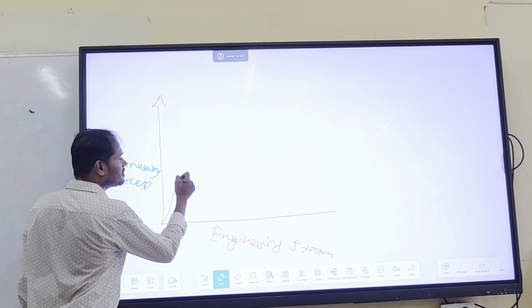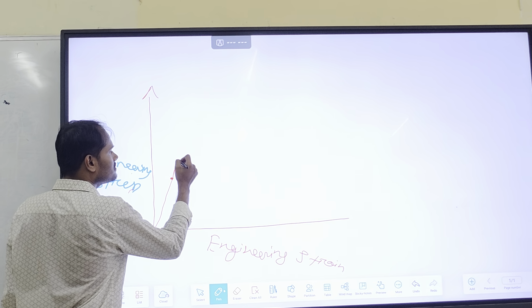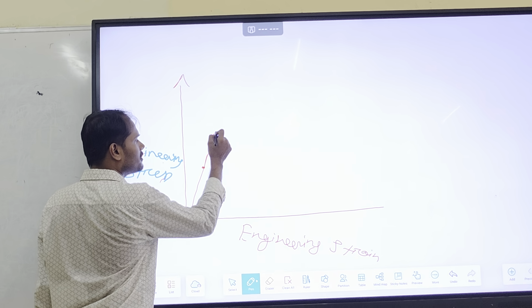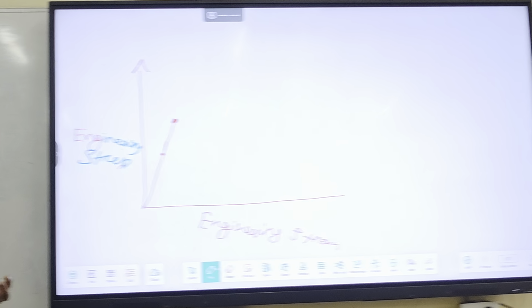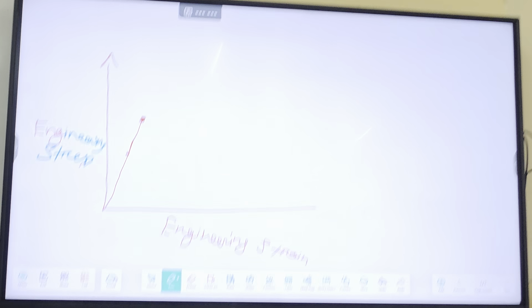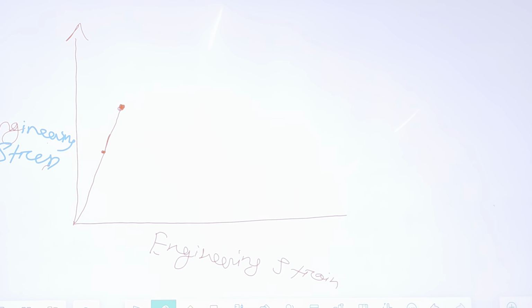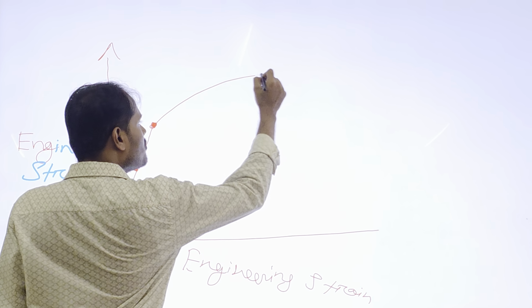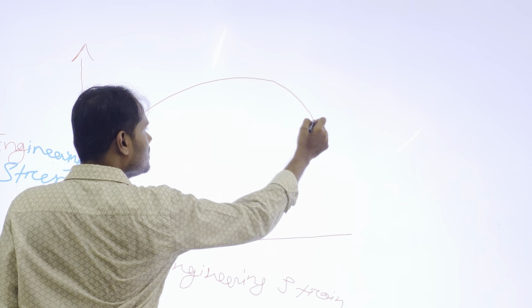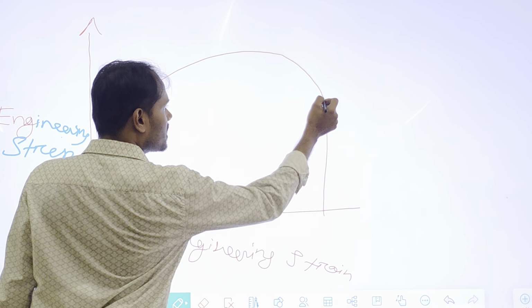Then it will go up further and finally reach another point, for example here. That is called YS, yield strength, or yield point. Then suppose it moves like this, falls, and finally fractures.